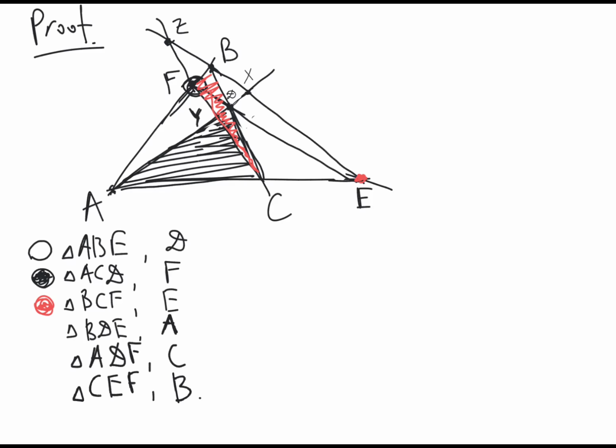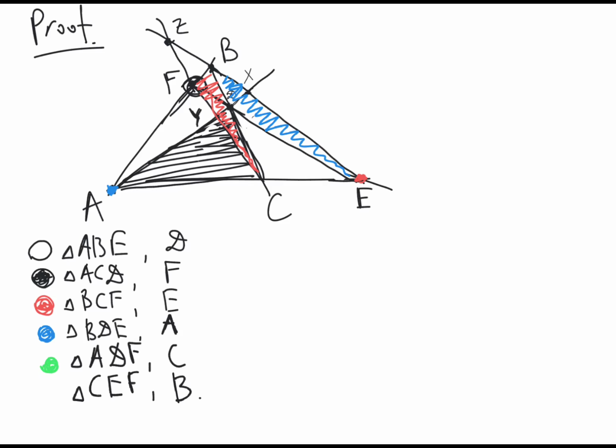So BDE. BDE is this triangle, and the intersection point is A. This. So the next one I will highlight in green.